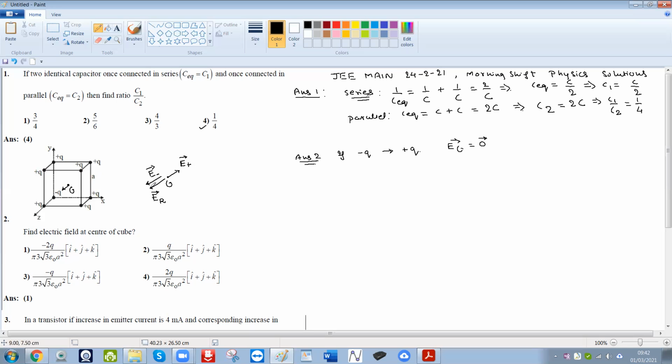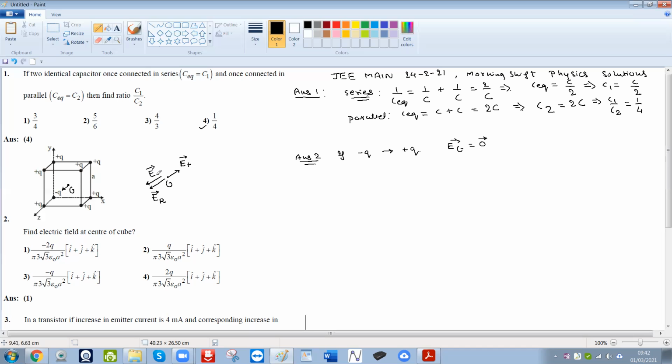Now, E R will be equal and opposite to field due to a positive charge at the origin. E negative will also be equal and opposite to field due to a positive charge at origin.